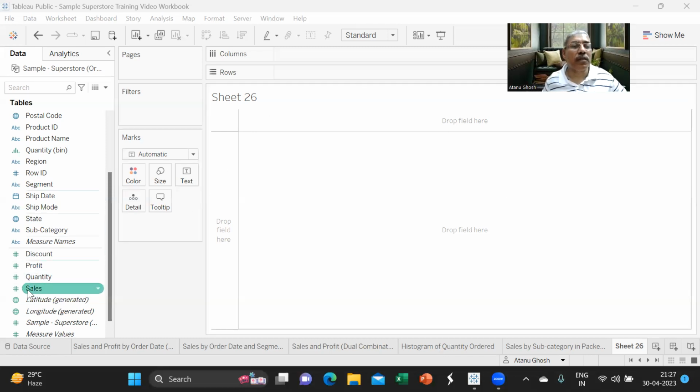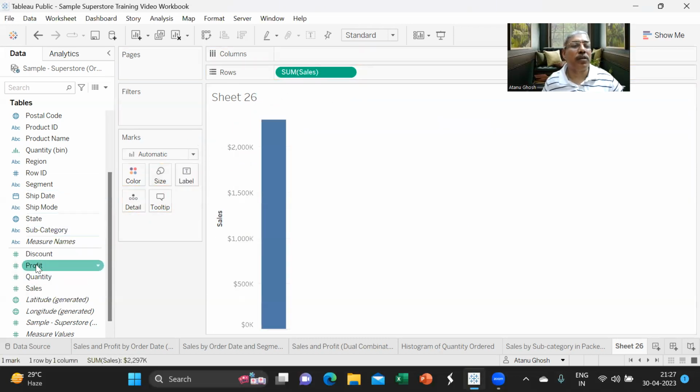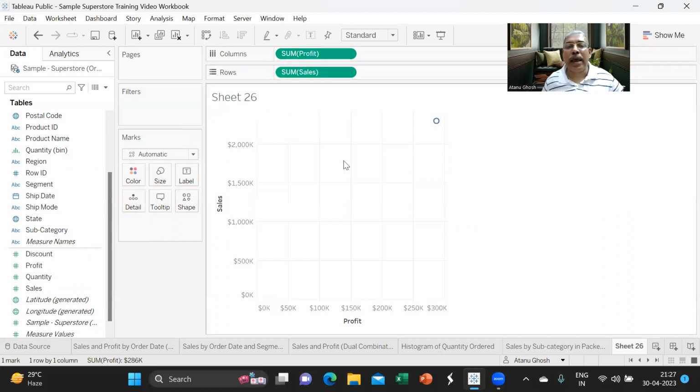So in order to do this, we will have sales and profit in our columns and rows. At this point, we can see the sale and the profit has provided one value, which is essentially the aggregate value of sales and profit.